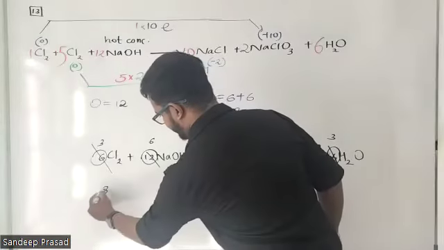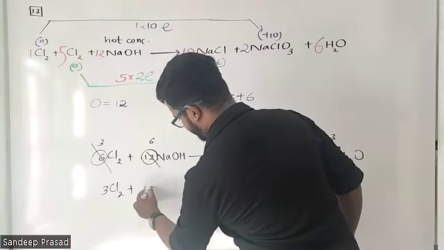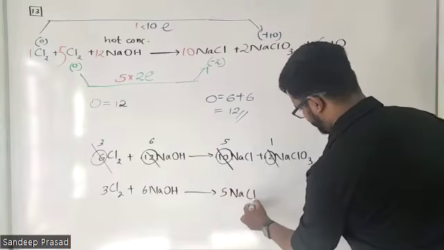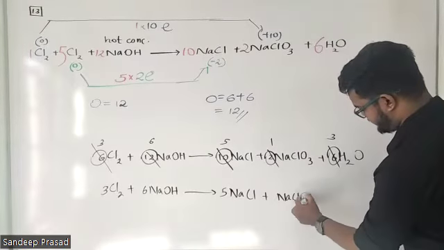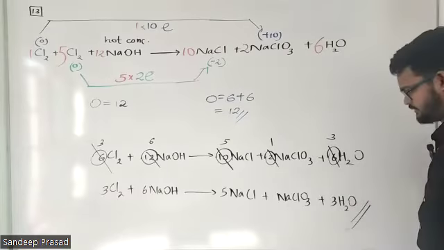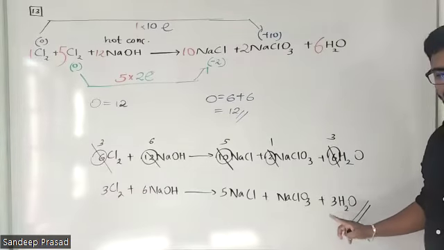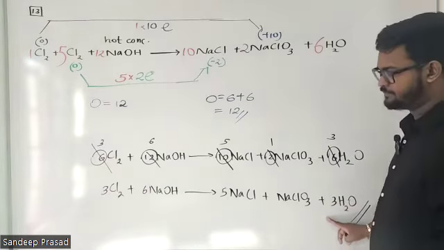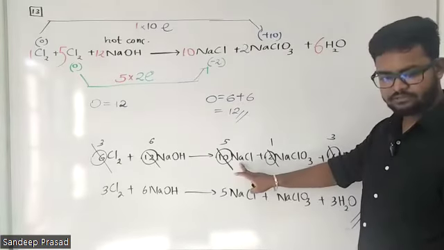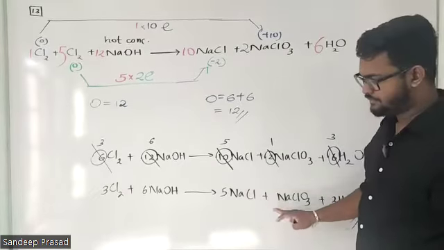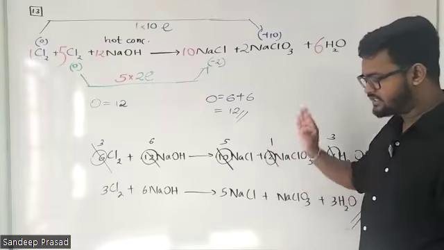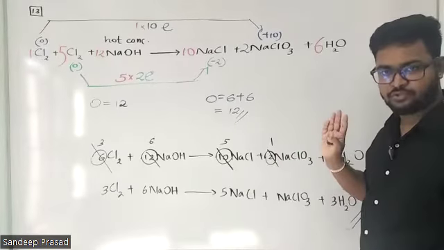That means you can write down the reaction: 3 chlorine, 6 sodium hydroxide, 5 sodium chloride, sodium chlorate, and 3 H2O. So this is the balanced reaction. This is the final reaction that you have to obtain. Okay. So you can't stop by here, because in the balanced reaction, always they are expecting the most simplified stoichiometry ratios.